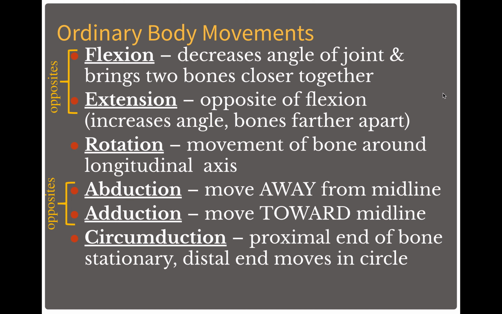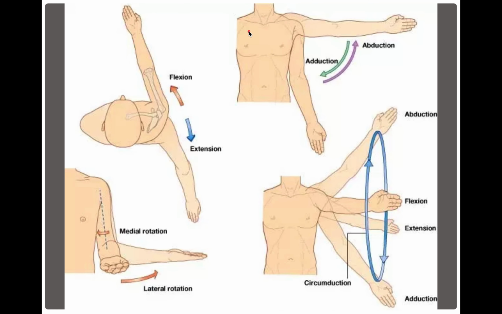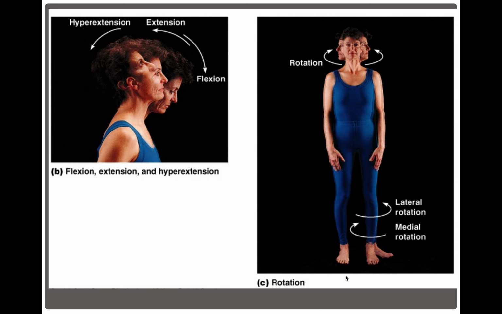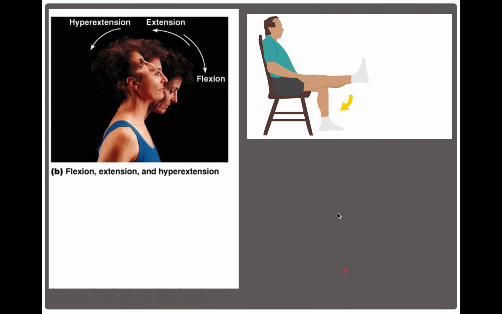So let me show you some GIFs that show this. This is a general picture that shows you what abduction, adduction, flexion, extension, rotation, and circumduction may look like. But let me show you some GIFs that I think help make it more visible and more understandable. So in this case here, let's go over flexion.